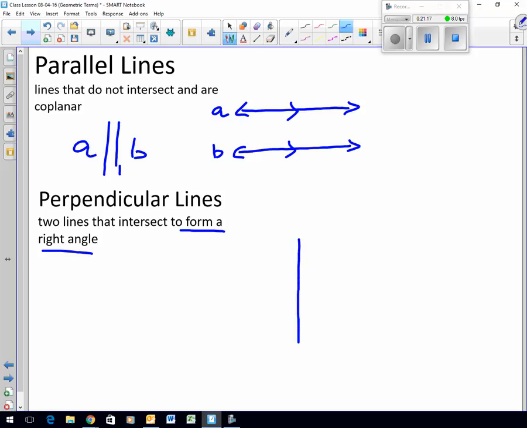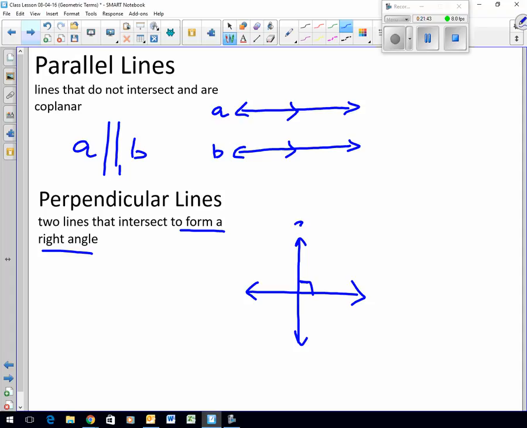So, talk about how to get this. If I've got two lines that intersect to form a right angle, by the way, let's get it out of the way first, second day. The box indicates the right angle, 90 degrees. You will draw that so many times this semester that it becomes second nature. Not always.